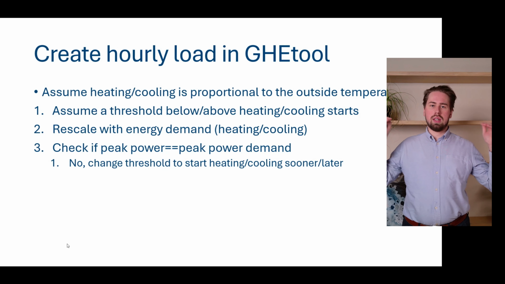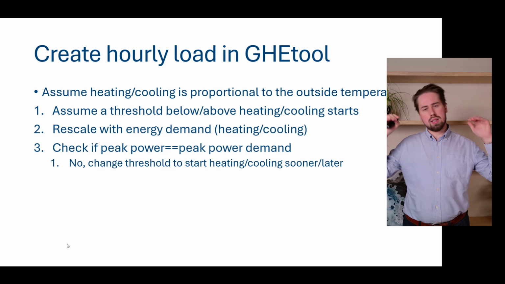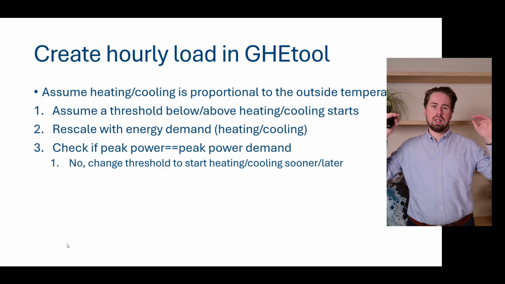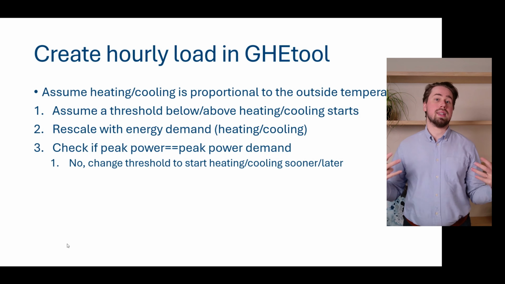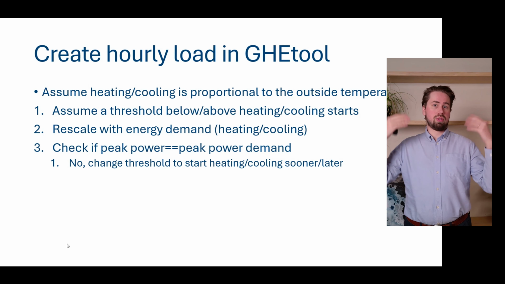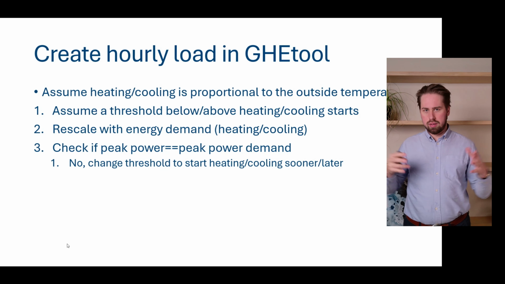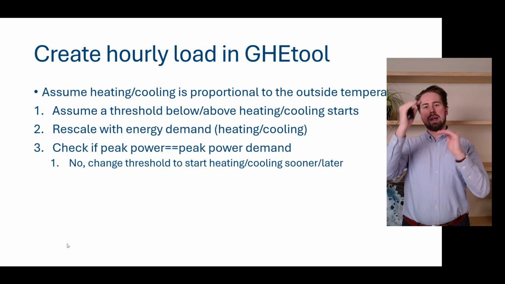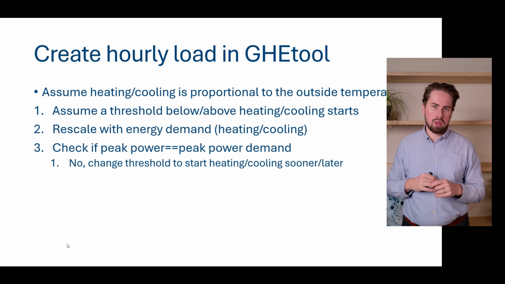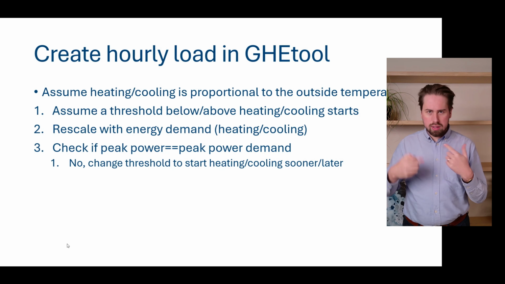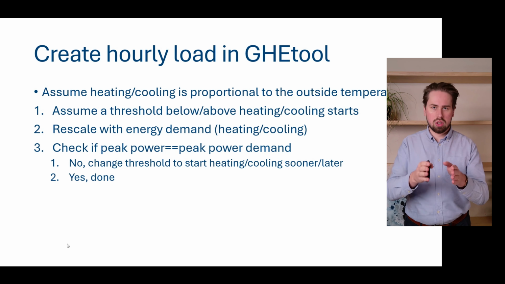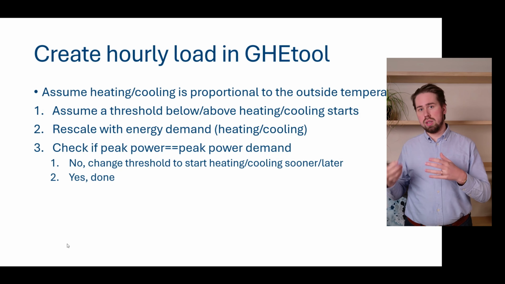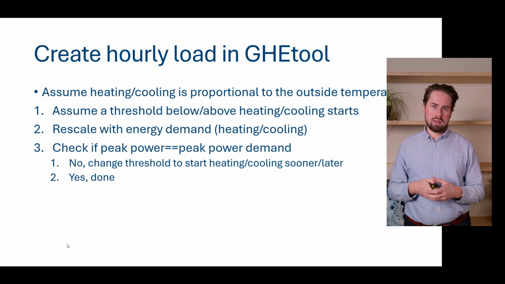So what we do is we will increase the threshold and say, well, instead of below 14, let's heat below 15 degrees. This will stretch the periods where we need heating because the threshold is now higher, so we need this heating more times in the year, meaning that our peak power will also be lower. And this we do iteratively until we have an hourly profile that exactly matches your heating demand, cooling demand, as well as your peak power for that.